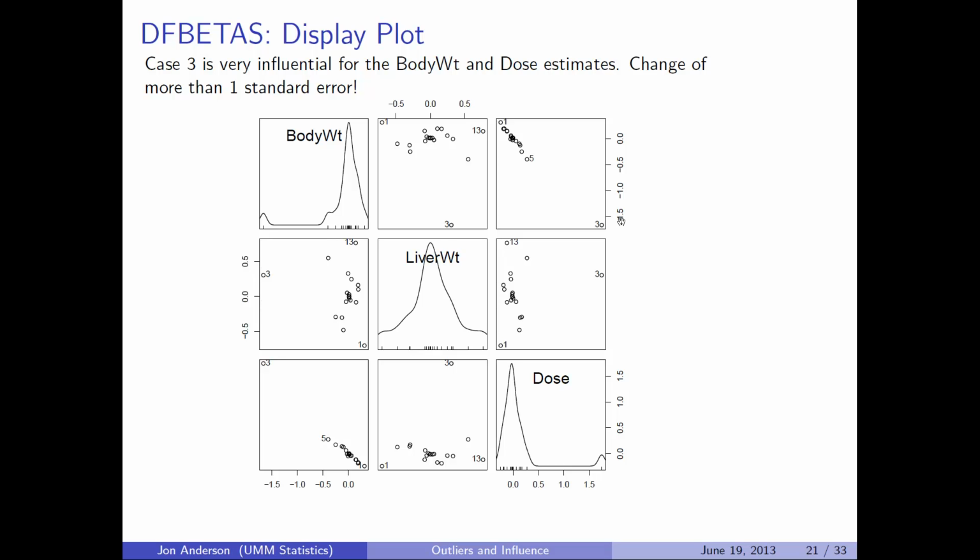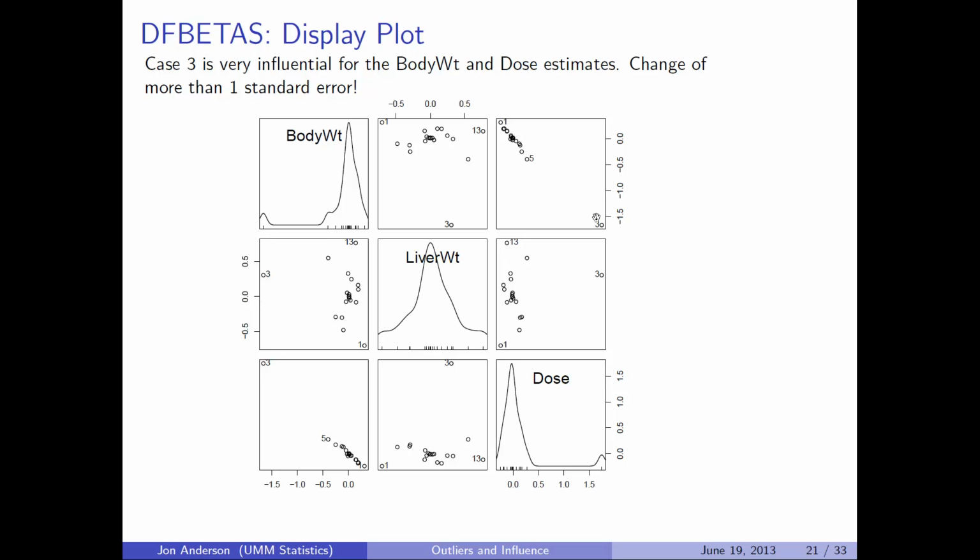So if this particular observation 3 is removed, the DFBETAS will be a negative 1.5 standard deviations. There's going to be a big drop in the body weight coefficient, more than a standard error drop. Not so much of a change in the liver weight coefficient, part of a standard error, about 0.4 or 0.3 increase in the coefficient for dropping case 3 from the data set.